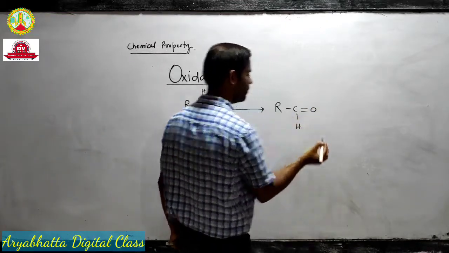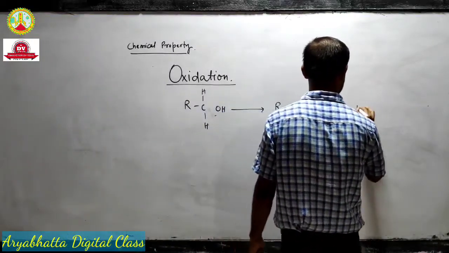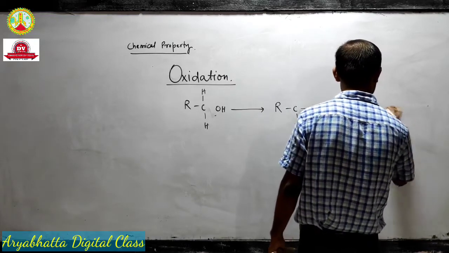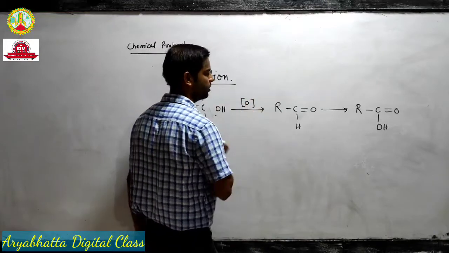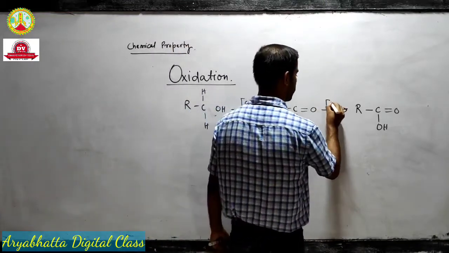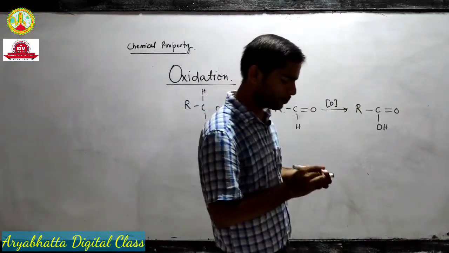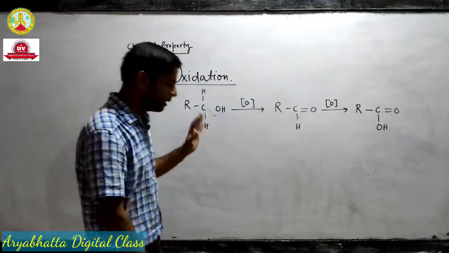So 1 hydrogen will remain, so we will get an aldehyde, and in the next step further oxidation will convert it to a carboxylic acid. That means the first step of oxidation will produce an aldehyde, and the second step will convert it to carboxylic acid.